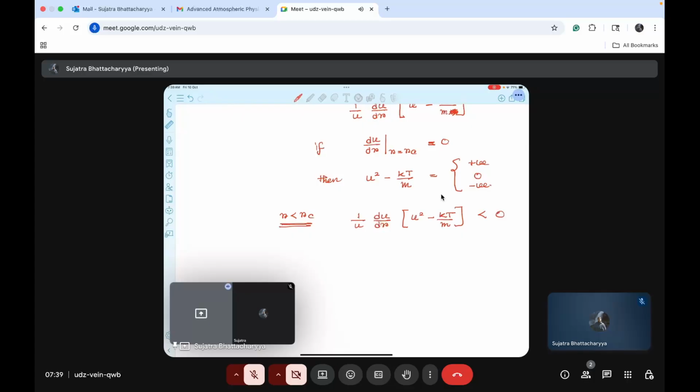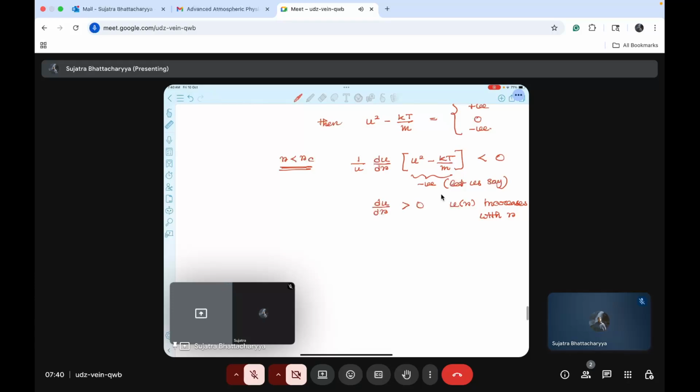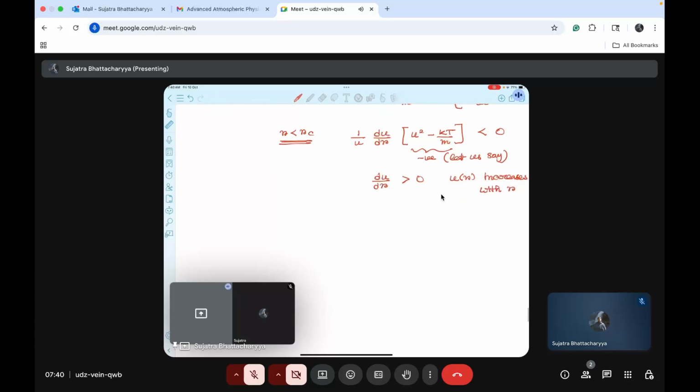Let's say this is negative. If this is negative, then du/dr has to be positive. That means U increases with r.